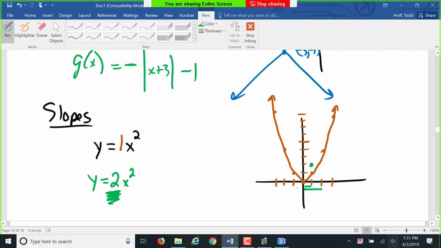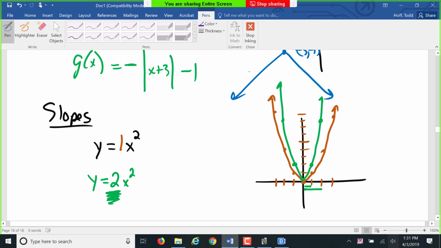If we go over 2, 2 squared is 4. We have to double that, so we go up 8. If we go over 3, 3 squared is 9, but we have to double that, would be 18, which is going to be off our graph. And the same in the other direction. Back 1, negative 1 squared is still 1, times 2 is 2. Negative 2 squared is still 4, times 2 is 8. So you can see that parabola gets narrower.